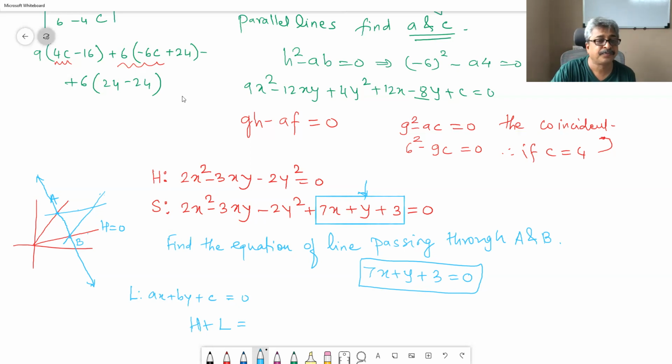If I write H plus L is equal to S, it implies S minus H should be equal to L, and if a point satisfies S and if a point satisfies H, then it must satisfy L.